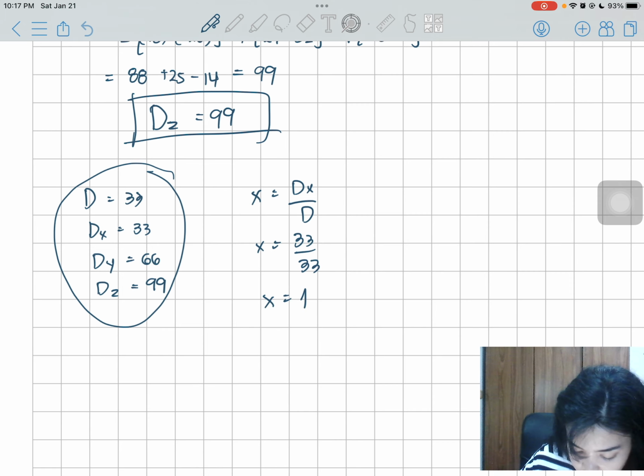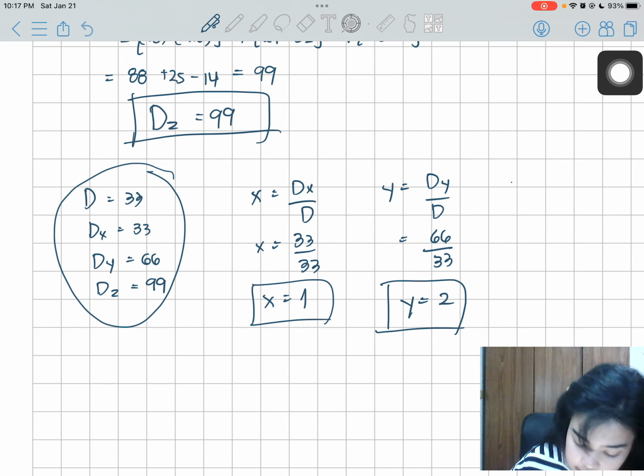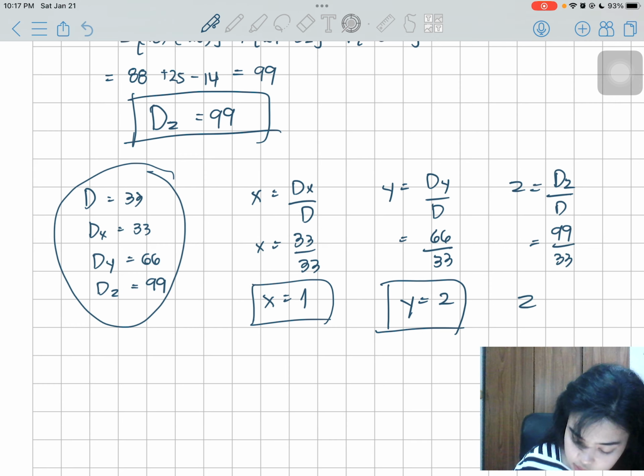X is equal to 1. Y is equal to Dy over D, equal to 66 over 33. Y is equal to 2. And z is equal to Dz over D, 99 over 33. Z is equal to 3.